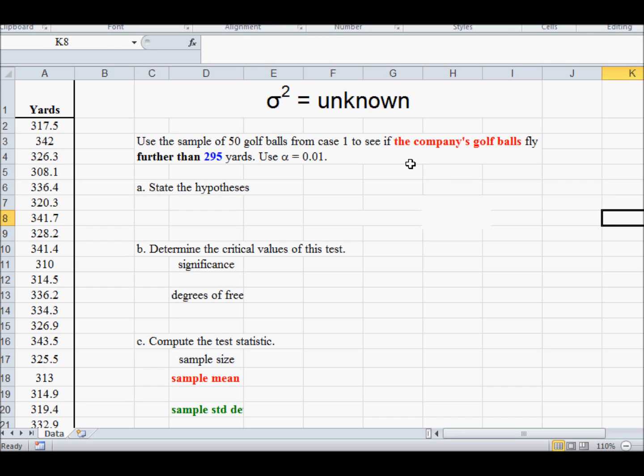The red phrase is the population mean, and we want to know if it is greater than 295. So 295 is the manufacturer's claim. If the manufacturer is claiming that its golf balls go more than 295 yards, so that's a claim.